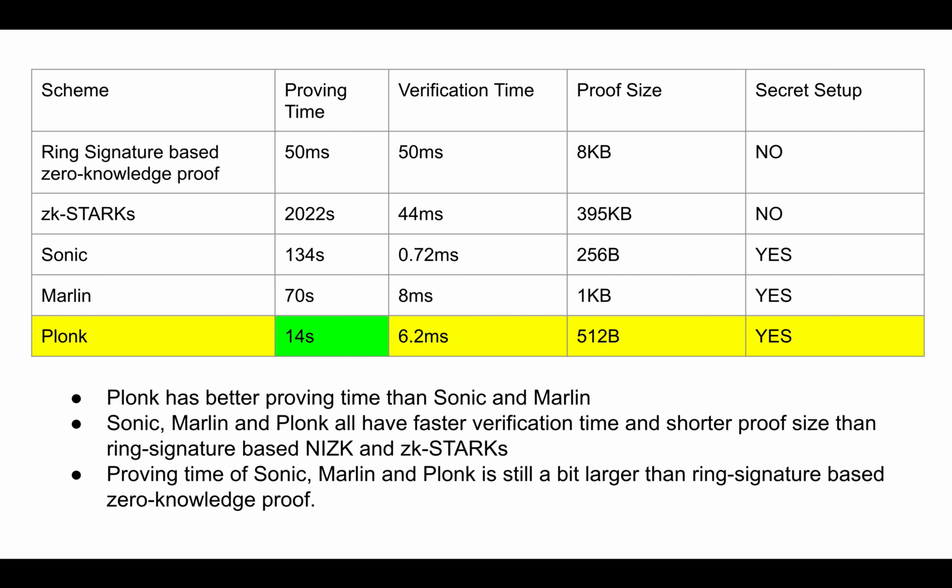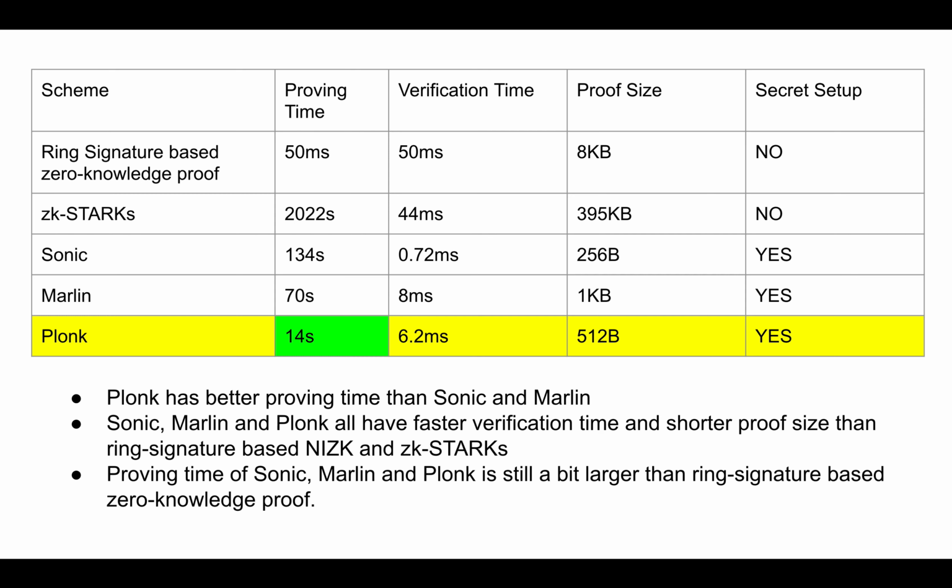The second result is that Sonic, Marlin, and Plonk all have faster verification time and shorter proof size than ring signature-based NIZK and zk-SNARKs, as we expected, because the most obvious advantage of Sonic, Marlin, and Plonk is their proof size and verification time. However, the third result is that we found the proving time of Sonic, Marlin, and Plonk is still a bit larger than ring signature-based zero knowledge proof.